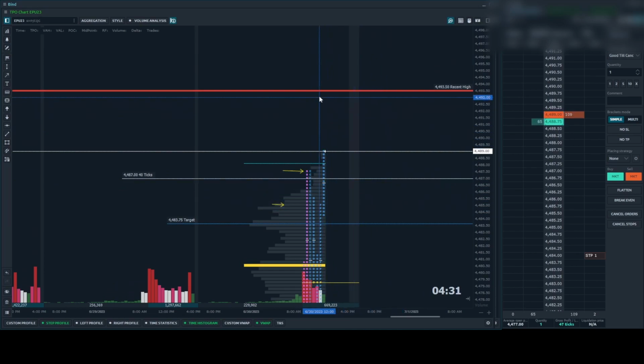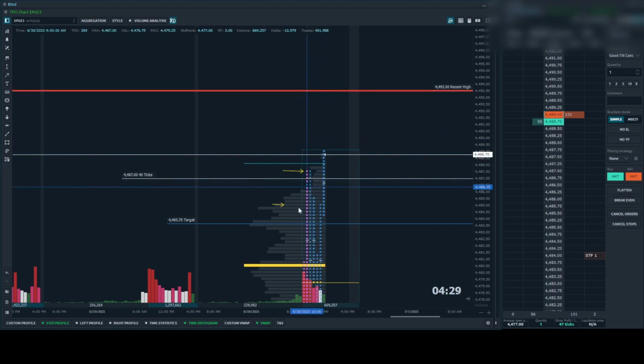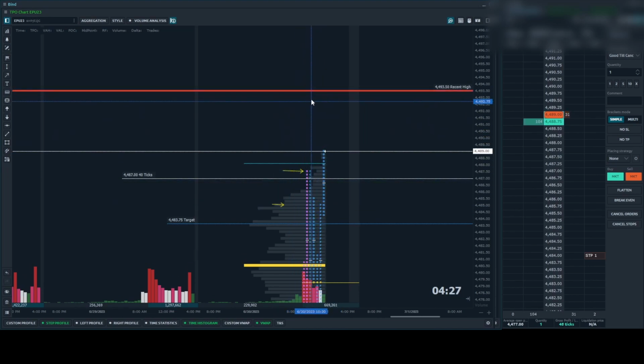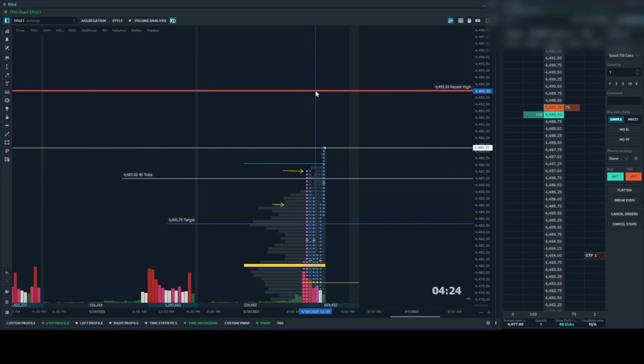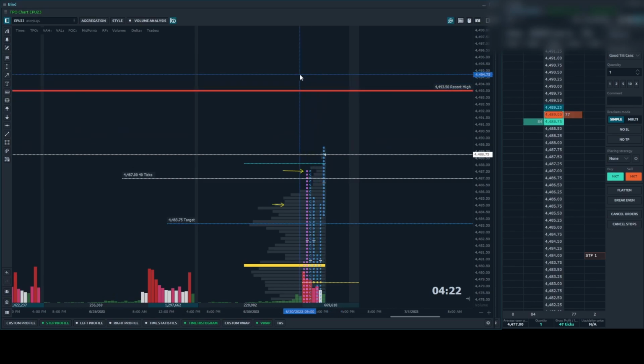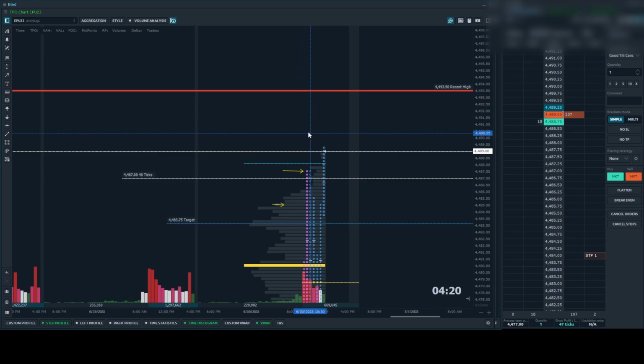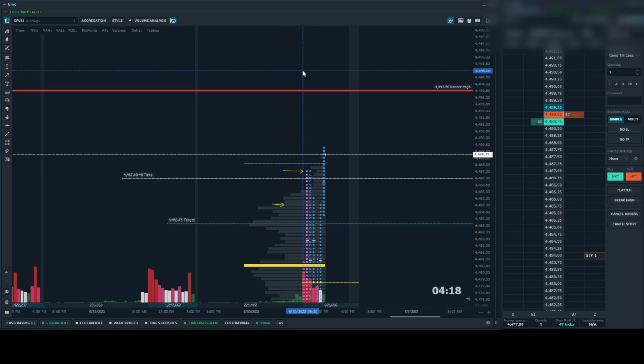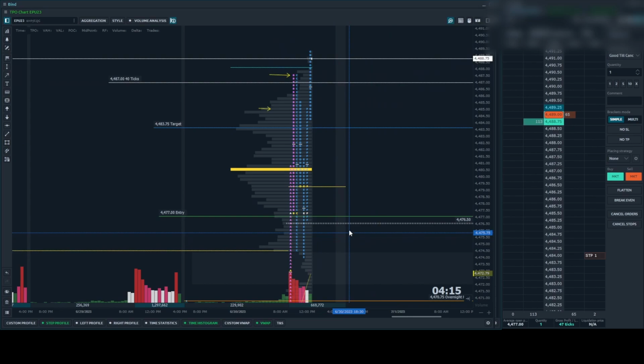So if we do push up here, we'll want to start looking at the profile. You'll have this as your main target. And if you get past that, if you had extra runners, you'd start watching your profile and putting your stop under each node of the profile.